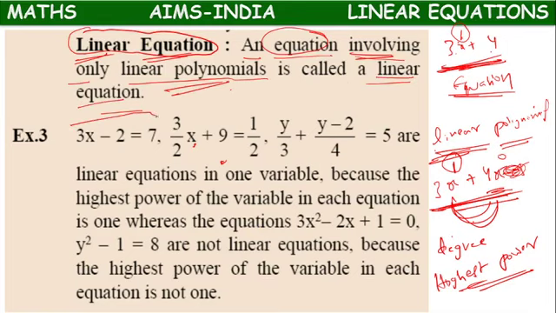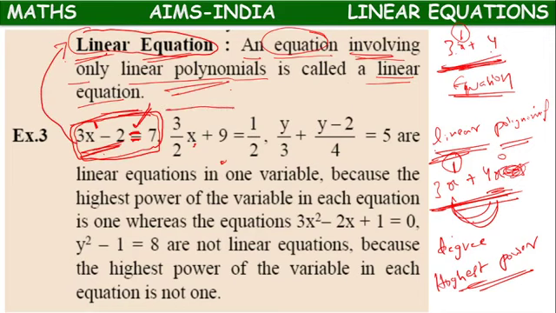Suppose you observe this example, 3x minus 2 equals 7. As we have equality, it is an equation. Here in 3x minus 2, the highest degree is 1. It's a linear polynomial, so it is an equation having a linear polynomial. So 3x minus 2 equals 7 can be considered a linear equation.